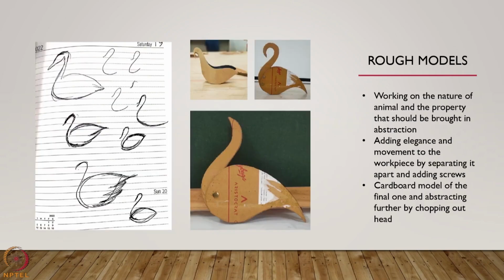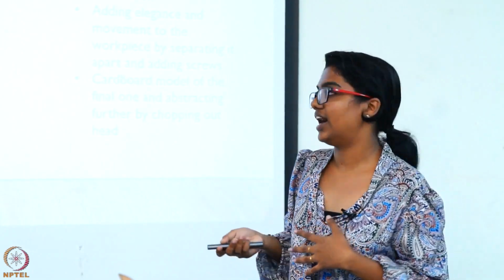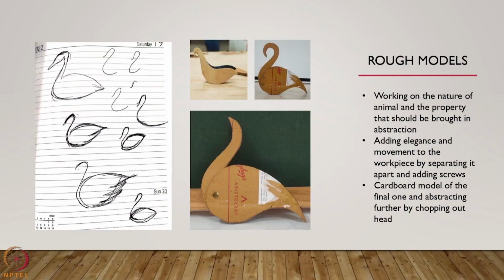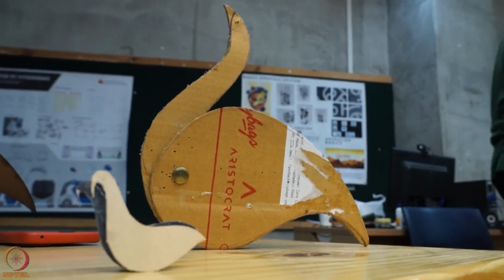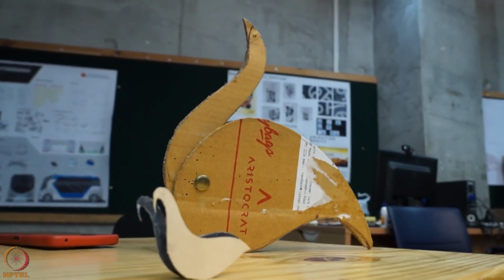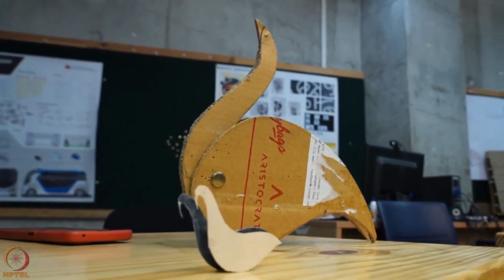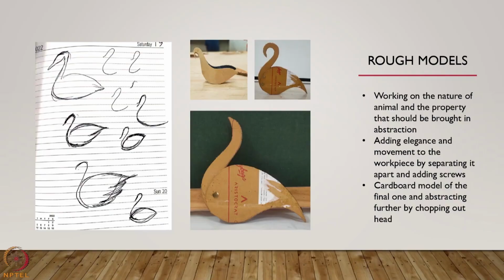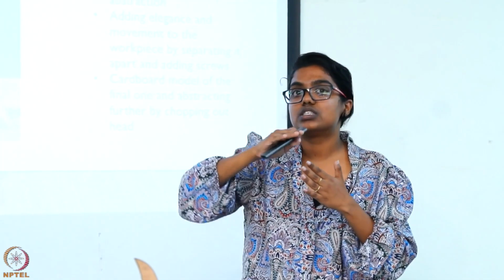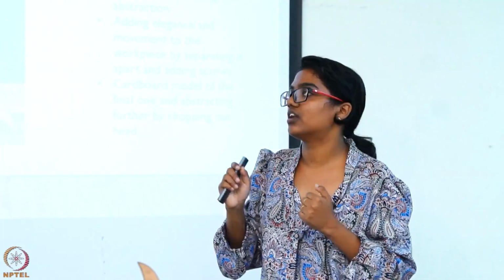The next part was that we had to make it with complete planes. That was the constraint we had, and we started sketching. My exploration was about the emotion I had to bring from the assignment, the swan: the elegance or gracefulness of the swan. So I started sketching the curves of the neck, the part which I gave importance to, the elegant neck, the curves and all.